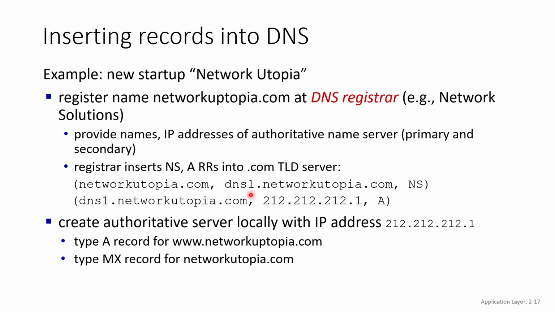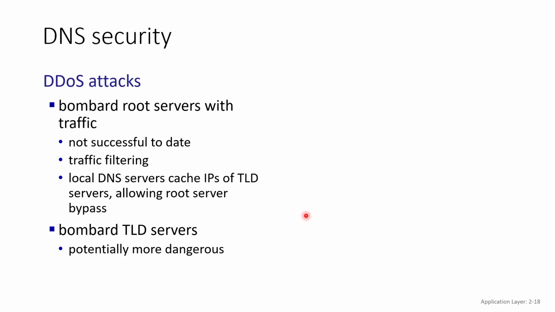When we're doing the lookup for the IP address, then we get the type A. When we're looking for networkutopia.com, it goes to the DNS for networkutopia.com, and it has to resolve to this particular server, right? And if we're looking for the mailing service, then it has to resolve to whatever type your mailing service is, right?